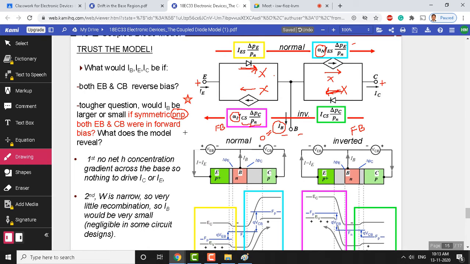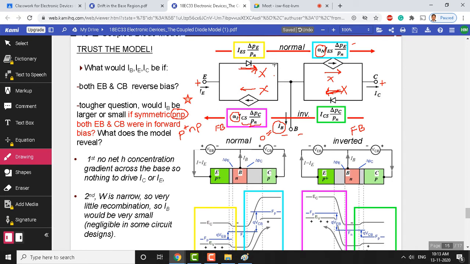Now, suppose I choose a transistor of this type, a P plus NP transistor. Now see what happens. Instead of a symmetrical transistor, we have an asymmetrical transistor.